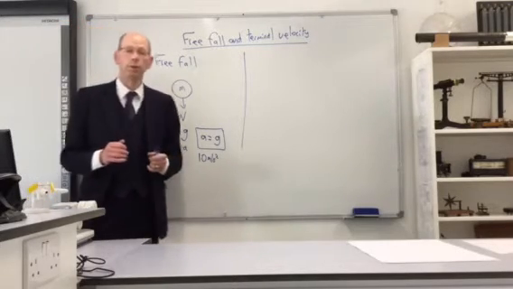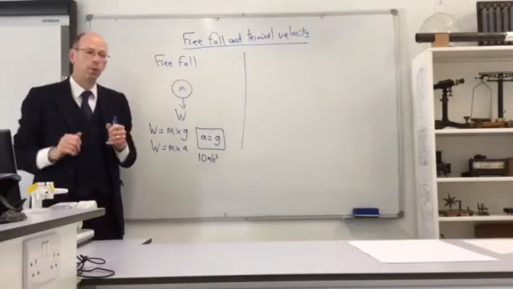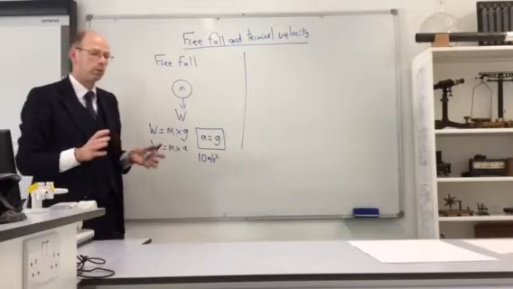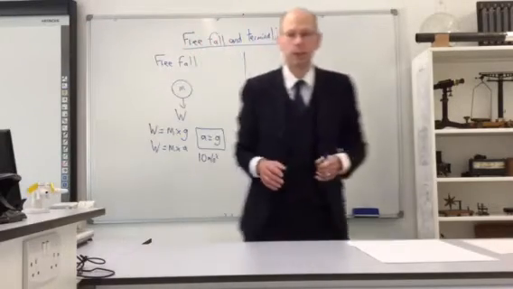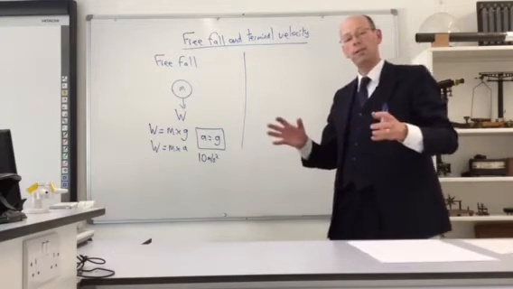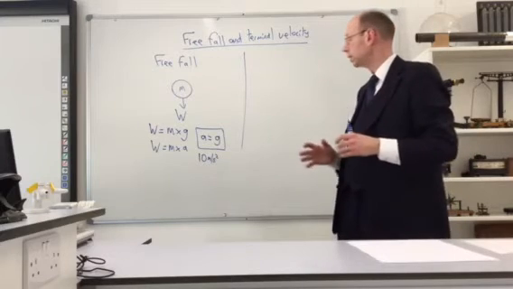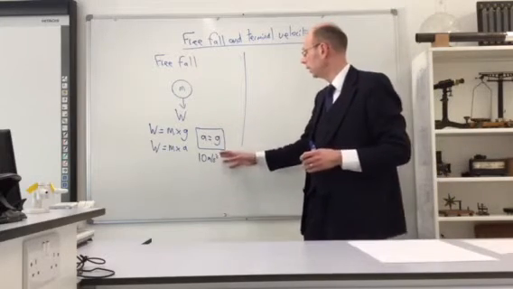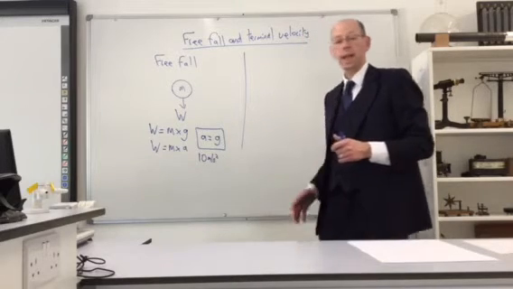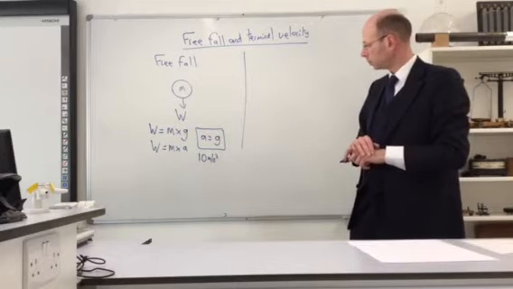Now the story goes that this was tested by Galileo when he dropped two balls, a heavy ball and a light ball, from the Leaning Tower of Pisa. We don't think probably that was done from the Leaning Tower of Pisa, although it's quite likely he did some experiment like that. And what he found was that if we can ignore air resistance, heavy objects and light objects all accelerate downwards at the same rate, namely 10 meters per second squared, and therefore they'll hit the ground at the same time.